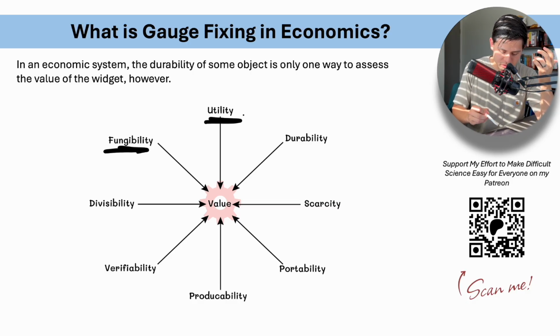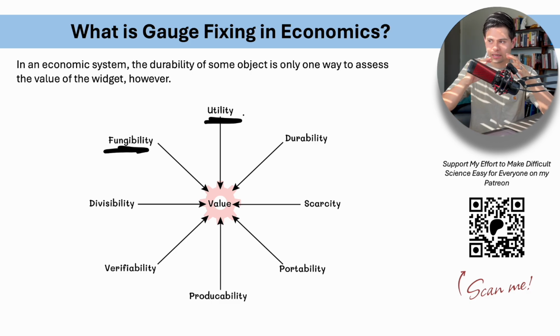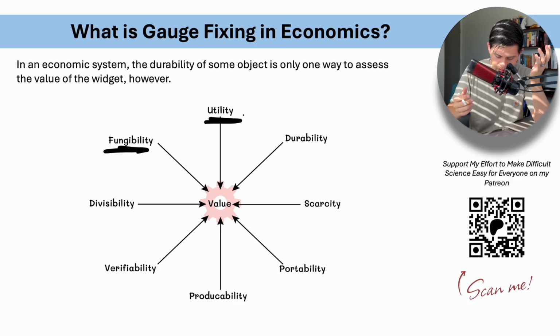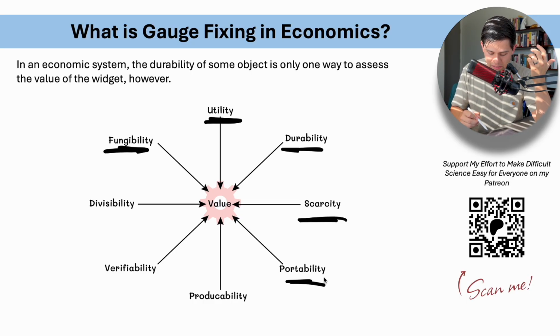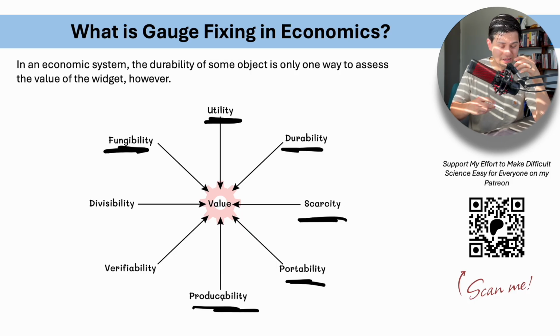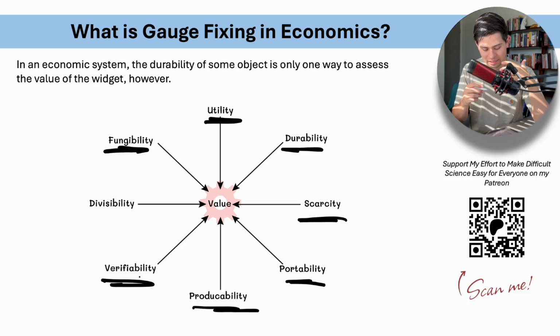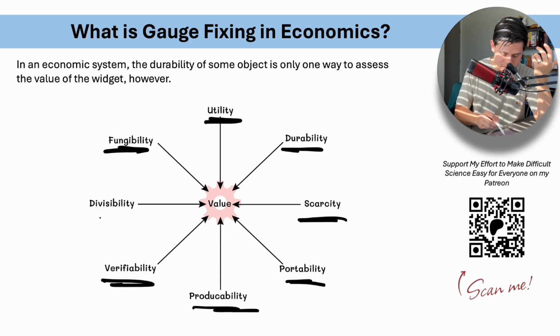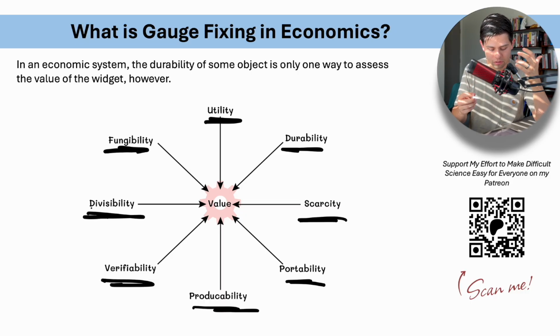We can measure the value in terms of its utility, meaning how broadly applicable is this thing, its durability, which is something we've talked about, its scarcity, its portability, its producibility, how easy it is to produce, its verifiability, how easy it is to verify some aspects about this object that we're attributing value to, and its divisibility, how easy it is to make more and more of it. If it's really hard to make more and more of it, then its value might be really high.